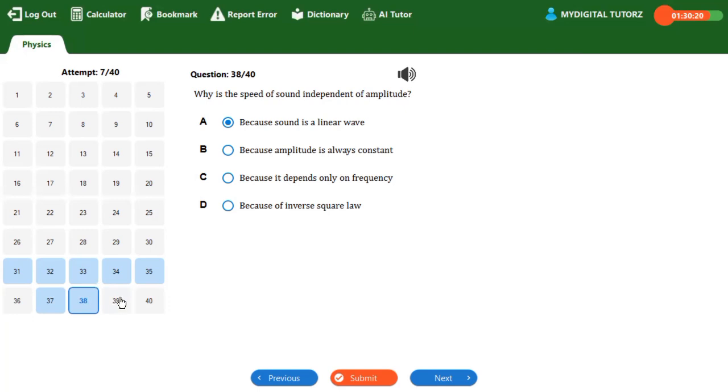So moving on to question 39. Question 39 says, what happens during electrical breakdown of a gas? Electrical breakdown of a gas simply means ionization of gas, the process through which gas conducts electricity.